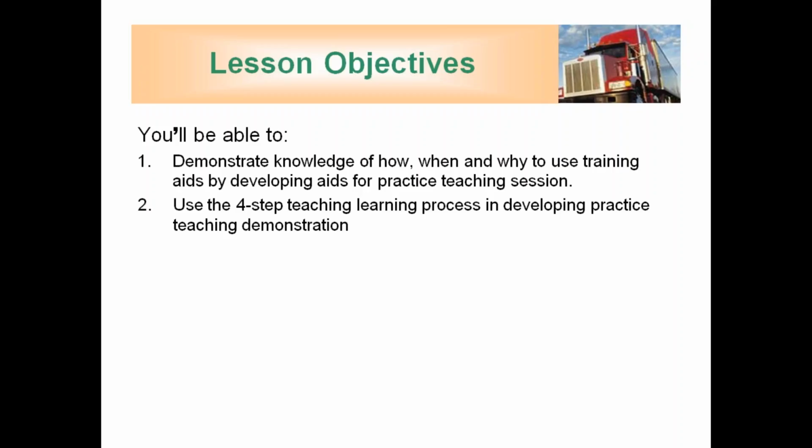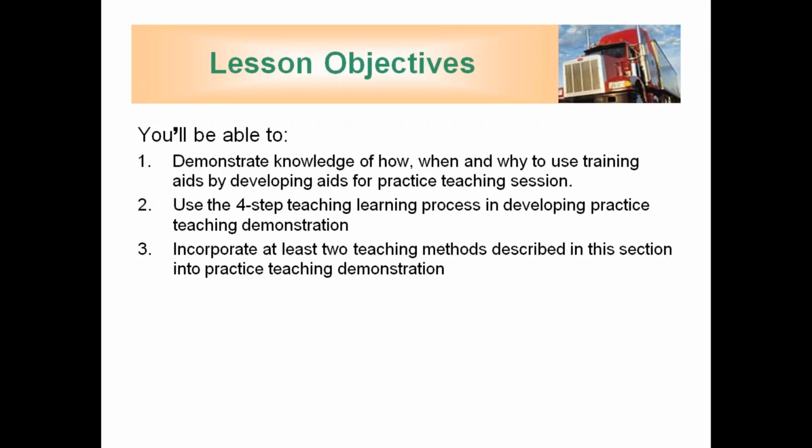The next is to use the four-step teaching learning process in developing practice teaching demonstrations. Then incorporate at least two teaching methods described in this section into practice teaching demonstrations.